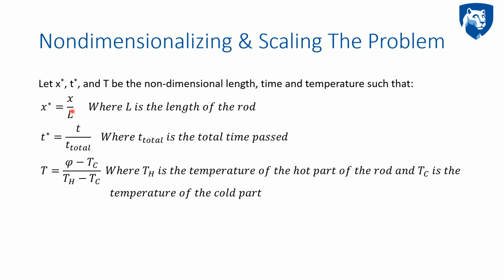So first we have the x-axis, which is x divided by the length of the rod, and we have the t-axis, which is t divided by the total time, and then capital T for the temperature.